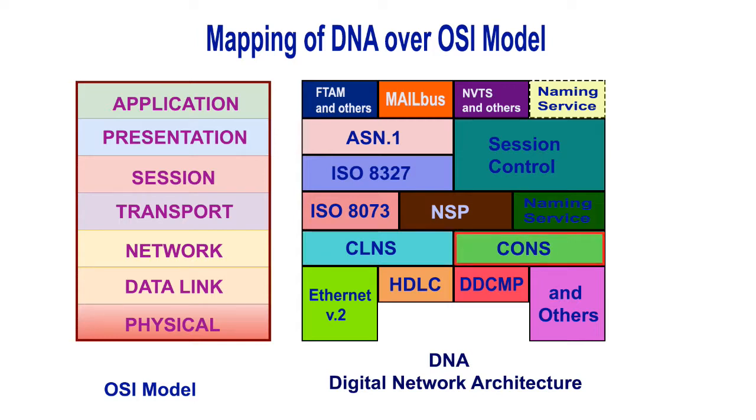Connection Mode Network Service, that is CONS. CONS is supported by DNA through two protocols. One, ISO 8208, an X.25 packet level protocol for data terminal equipment, and is the ISO version of X.25.